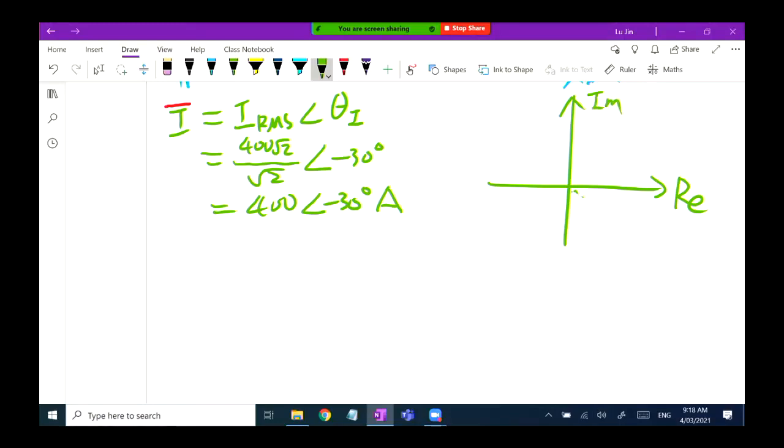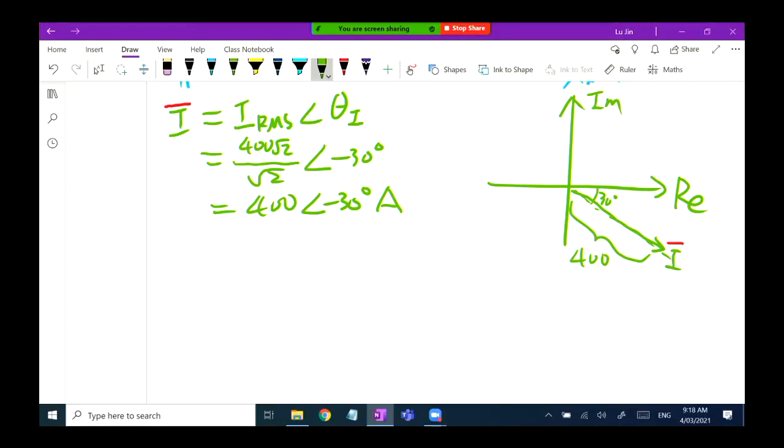The negative 30 is about here, 30 degrees below the real axis. Just highlight this average one, and its size is 400. In this case, we got a new vector. Even though it is pointing in the same direction as the previous one, the meanings are different, and the magnitude is changed as well.